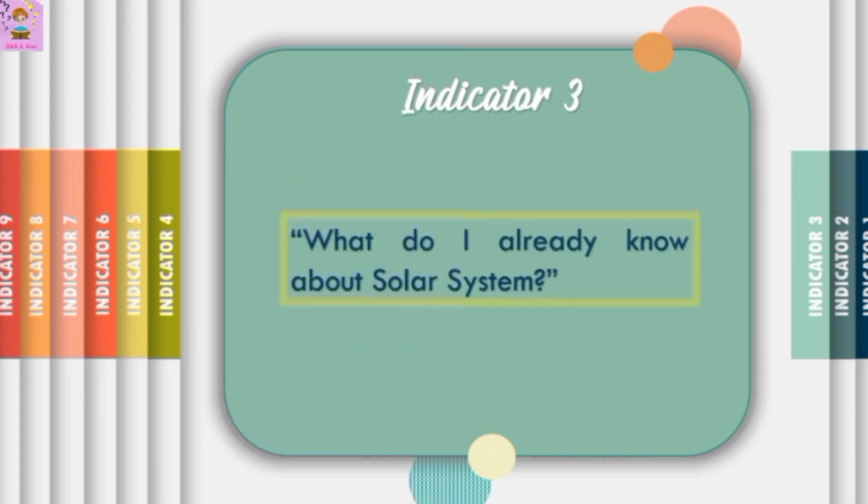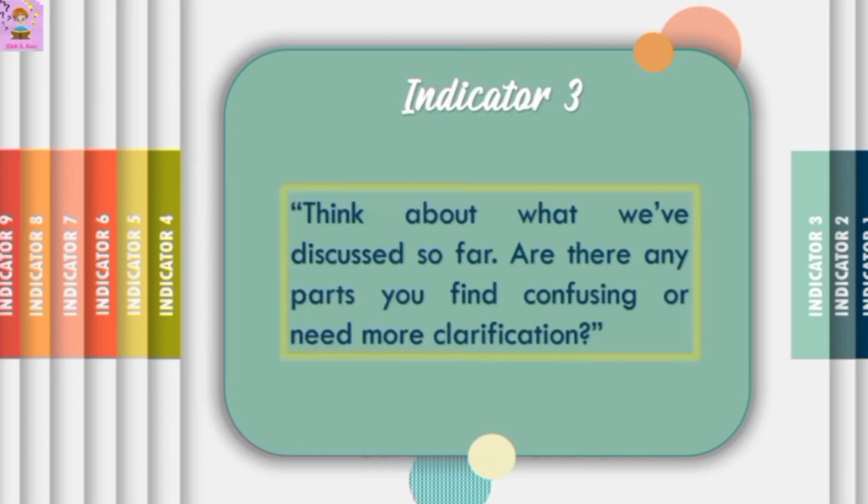For example, in science class, at the beginning of the lesson, we can ask our students to think about what they already know about the solar system and what they want to learn. This encourages metacognition by prompting our students to reflect on their existing knowledge and set learning goals of the lesson. During the lesson, you can periodically pause and ask our students to check their understanding.